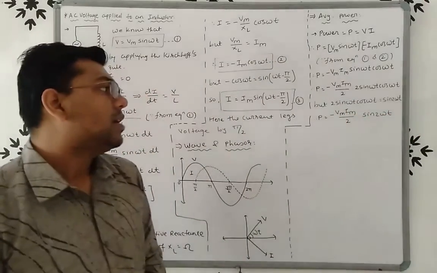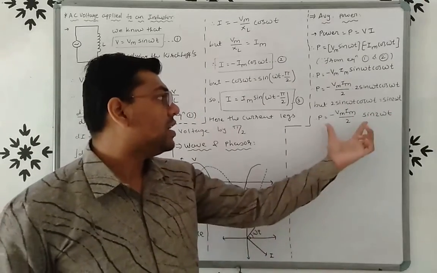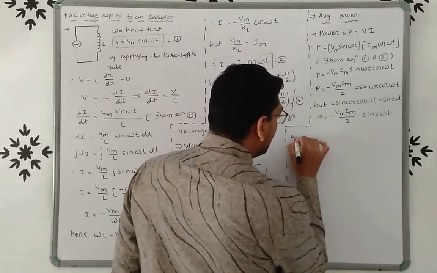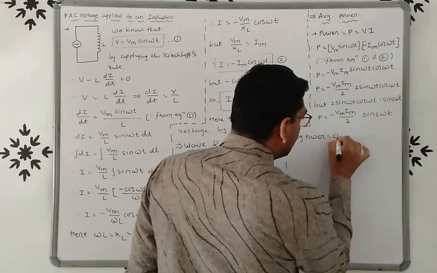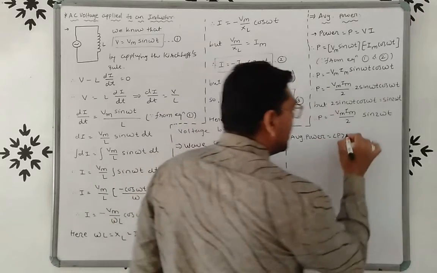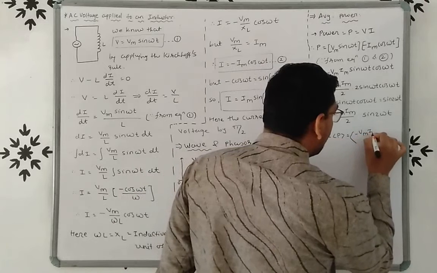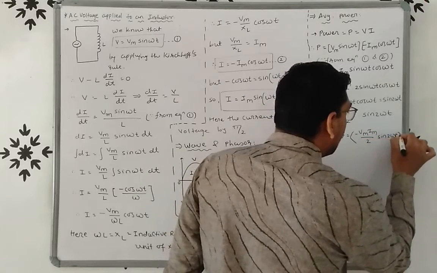Now we have to find the average power. So here we have to take the average value of this equation. So the average power is the average value of minus Vm Im by 2 sin 2 omega t.